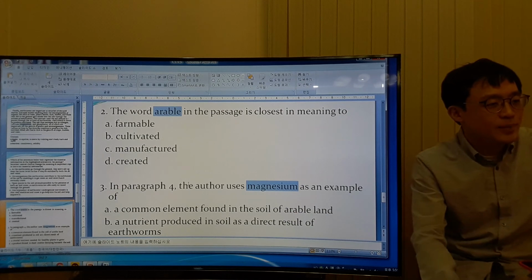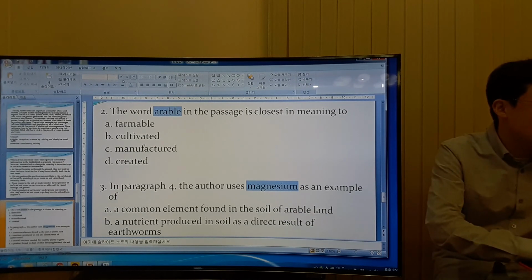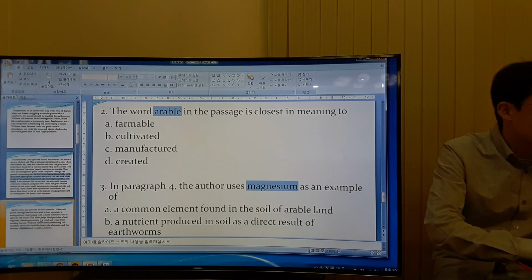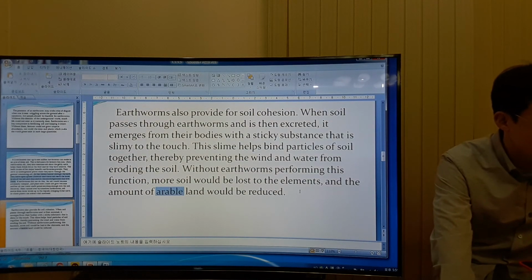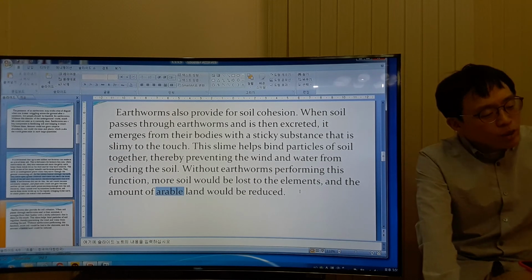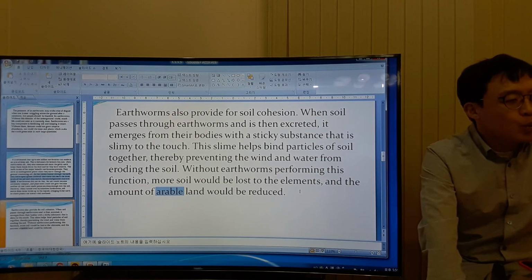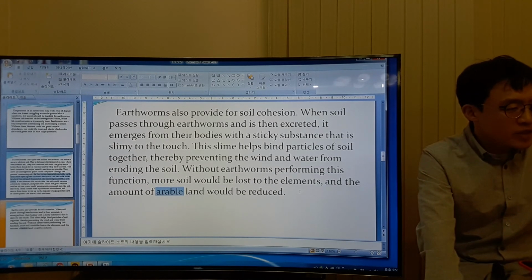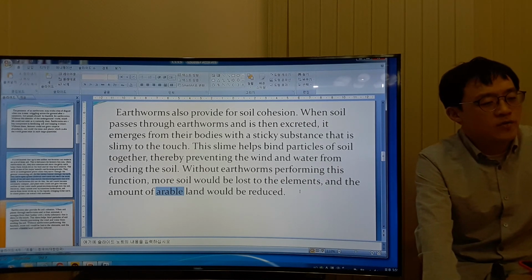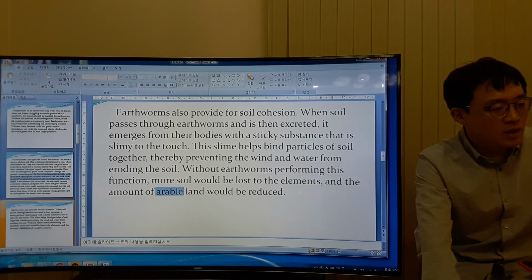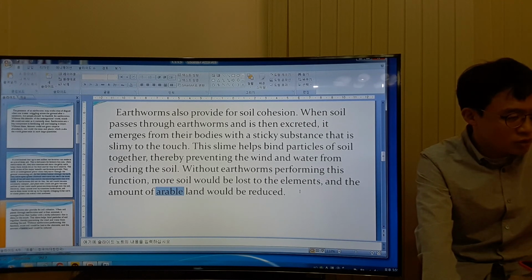The word arable in the passage is closest in meaning to what? Arable. Even if you don't know the meaning, let's try to infer from the passage. The amount of arable land. Without earthworms doing this work, more soil would be lost because of the wind and rain, and the amount of arable land would be reduced.